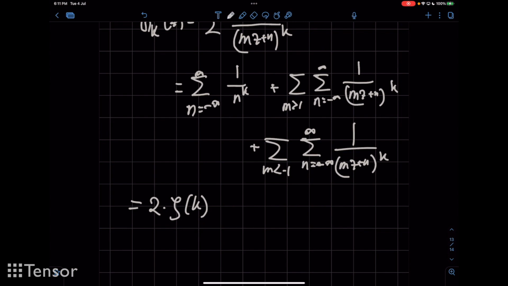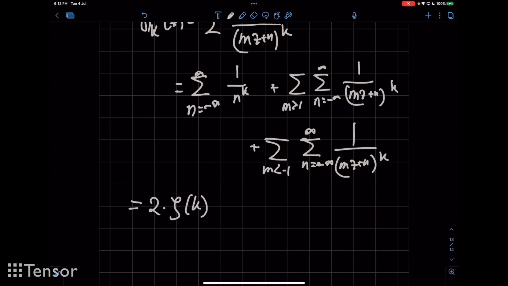So what is the relation between these two terms? The terms where m is positive and the terms where m is negative. Yeah, they're exactly equal.